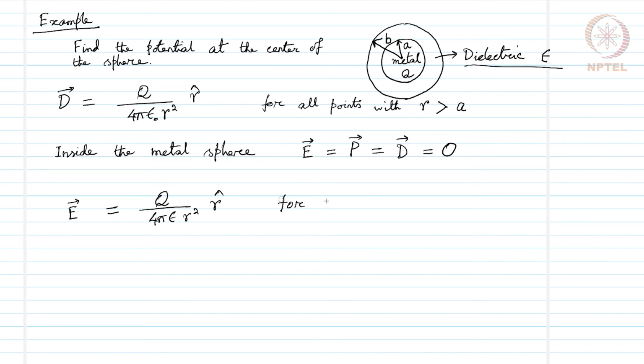So, this is valid for A less than r less than B, and we have found out its value q over 4 pi epsilon naught r squared r cap. That would be the value for r greater than b. Okay.